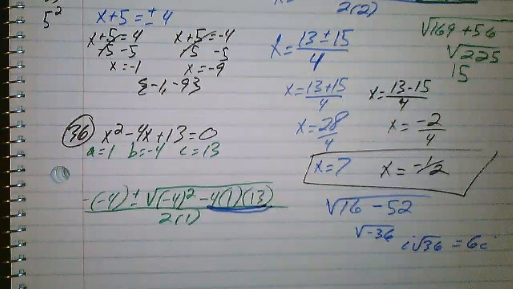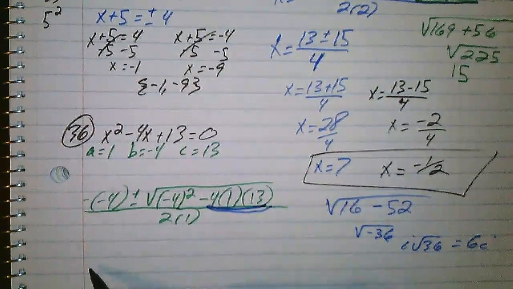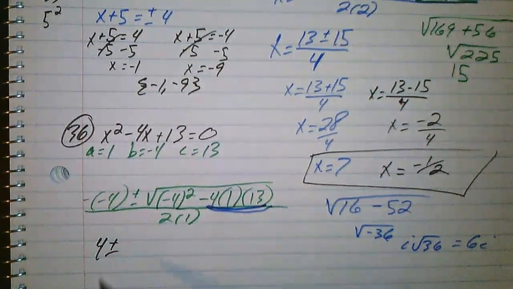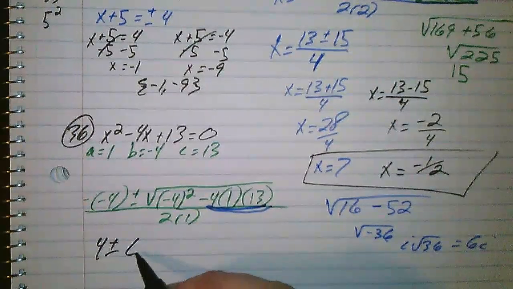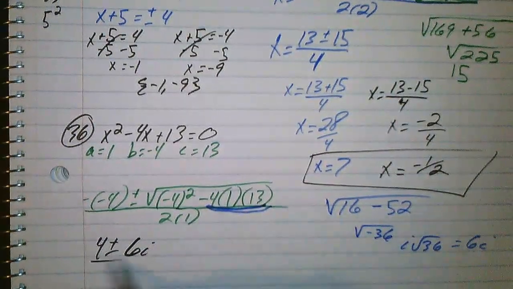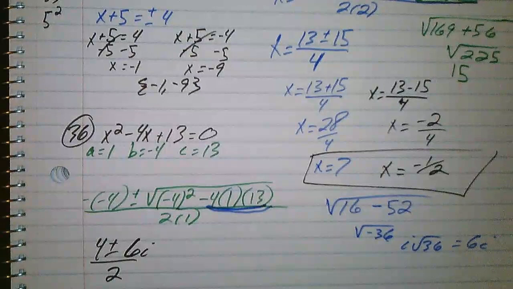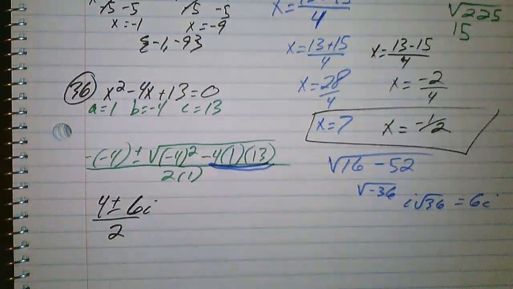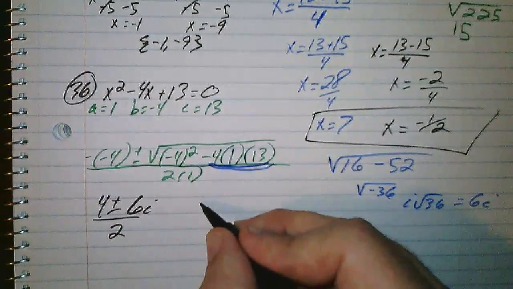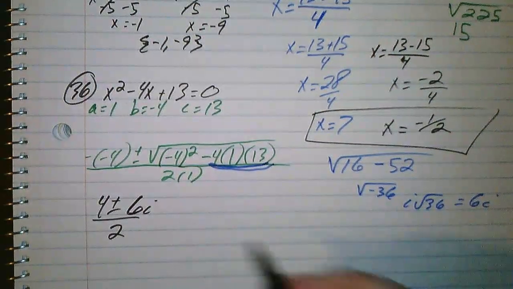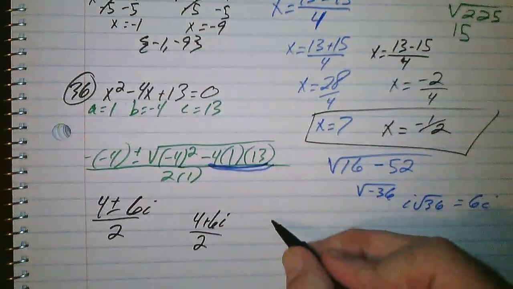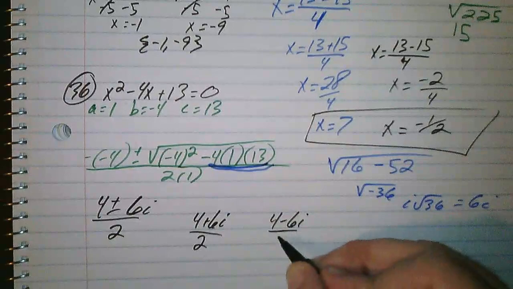So we fill this in, and we have negative 4, so positive 4, plus or minus 6i over 2. You might be tempted to combine this into 10i, but of course we cannot. We have two answers. We have 4 plus 6i divided by 2, and we have 4 minus 6i divided by 2.